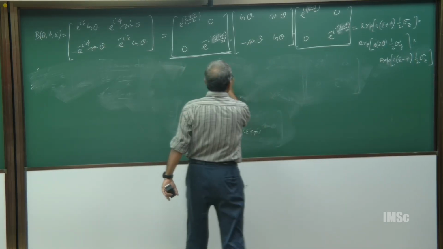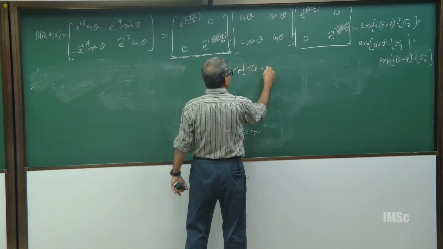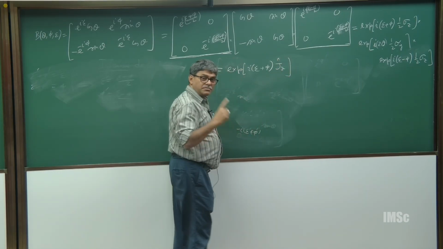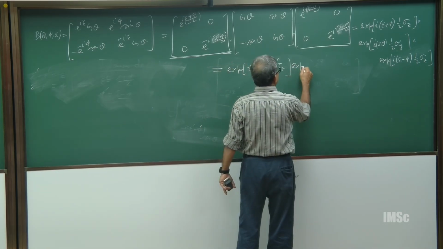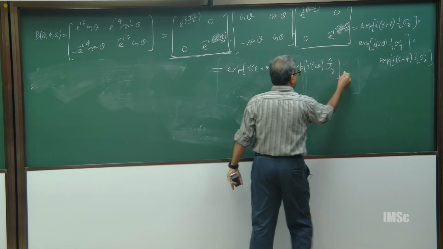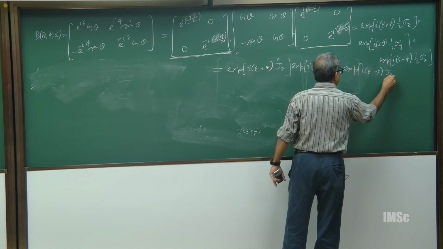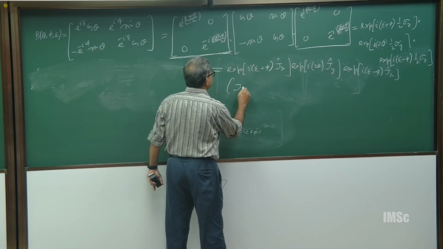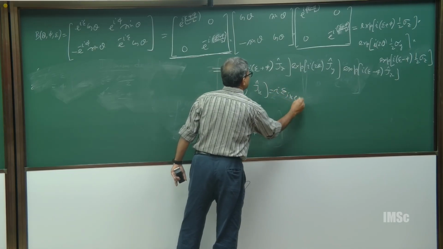So this I can write as exponential of iota epsilon plus phi, this is my Jz, the angular momentum Jz operator, then exponential of iota 2 theta Jy, and then exponential of iota epsilon minus phi Jz, where they satisfy [Jj, Jk] equals iota epsilon jkl Jl.